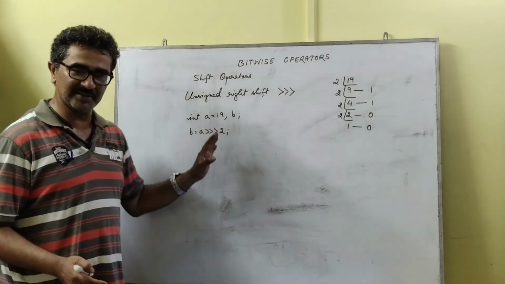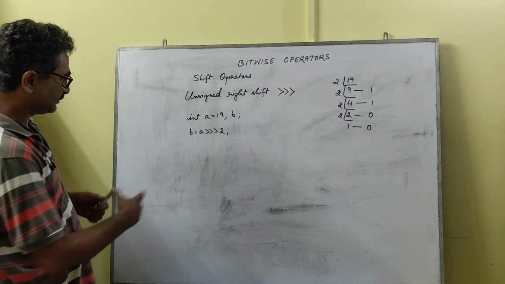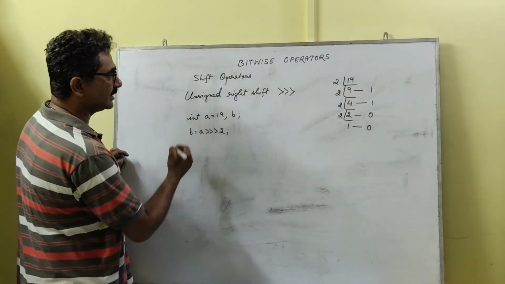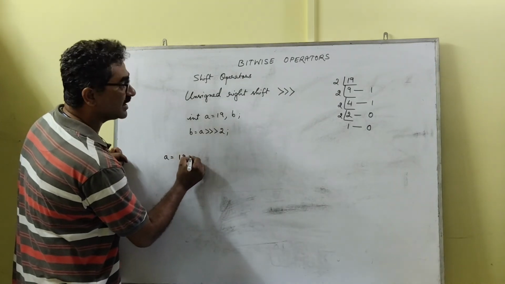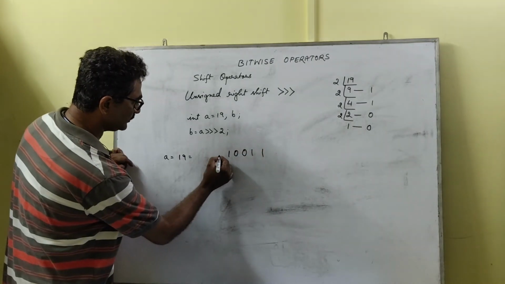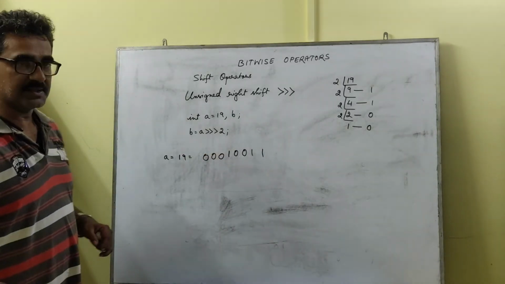So first of all, we'll try with the positive number, and then we'll see with the negative number what the resultant is. So here we have a number, say 19, and the binary representation of 19, I've already done that before, is 10011. So this is what happens.